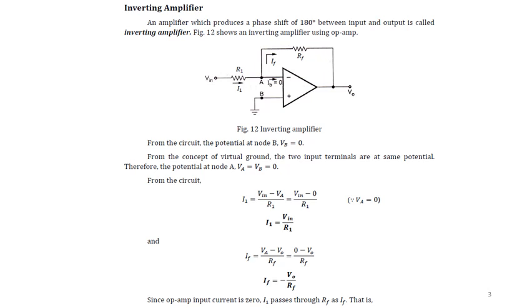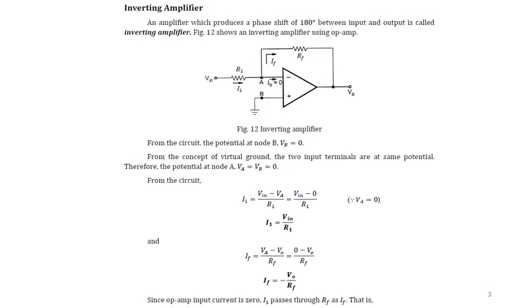An amplifier which produces a phase shift of 180 degrees between input and output is called an inverting amplifier. There is a 180 degree phase shift between input and output, but the amplitude of input and output will be different. For example, Vin is 1 volt and V0 will be more than that. It will be decided by the resistances RF and R1.